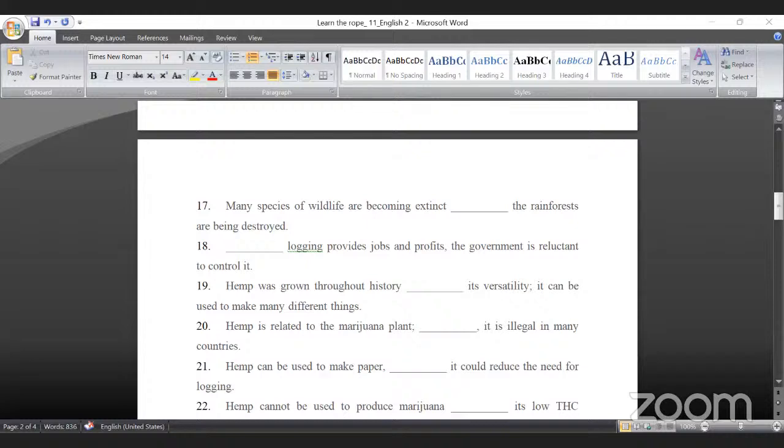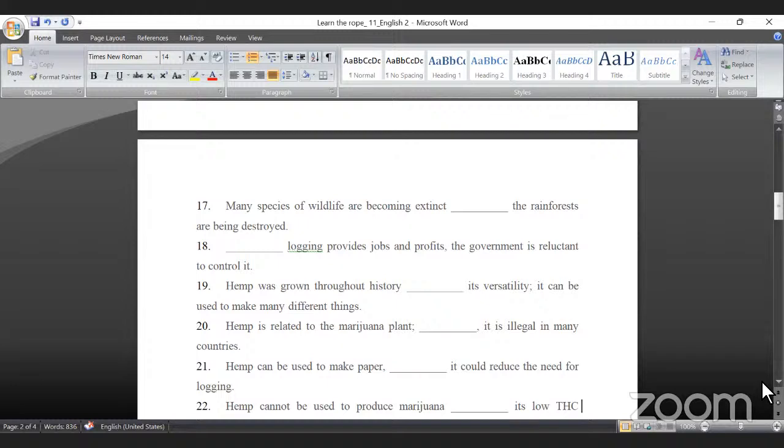Logging provides jobs and profits, the government is reluctant to control it. Does that make sense? So the government is reluctant to control it because it is able to provide jobs and profits.